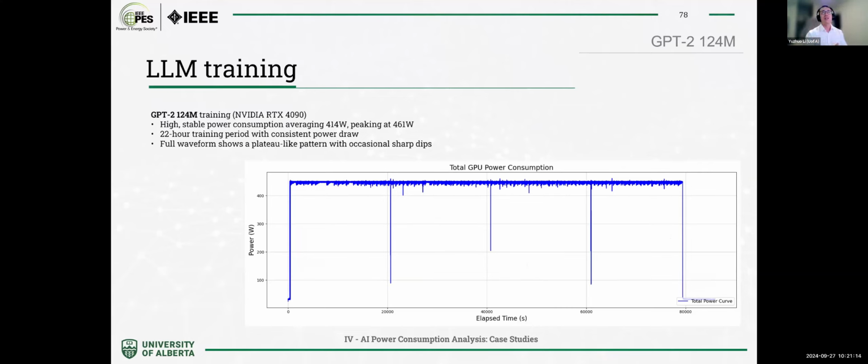I've heard that Meta or some big companies do these 5-minute checkpoints. This means the power transient will happen every 5 minutes. This makes sure their training won't lose too much progress, right? But without careful planning and algorithm design, this will definitely cause a large transient.